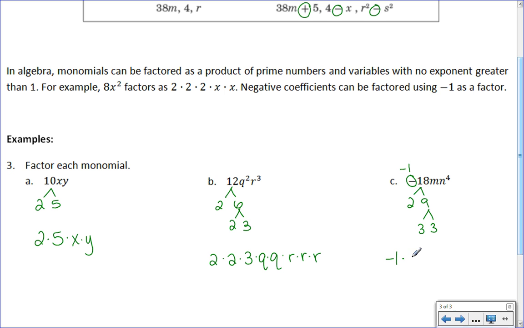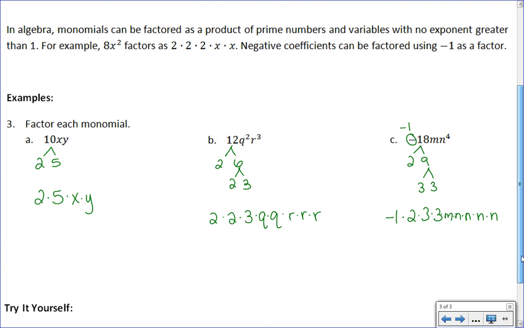So -1 times 2 times 3 times 3. And then for the variables, there's a single m and n to the 4th. So n times n times n times n. Okay. And those are the factorizations of each of those monomials.